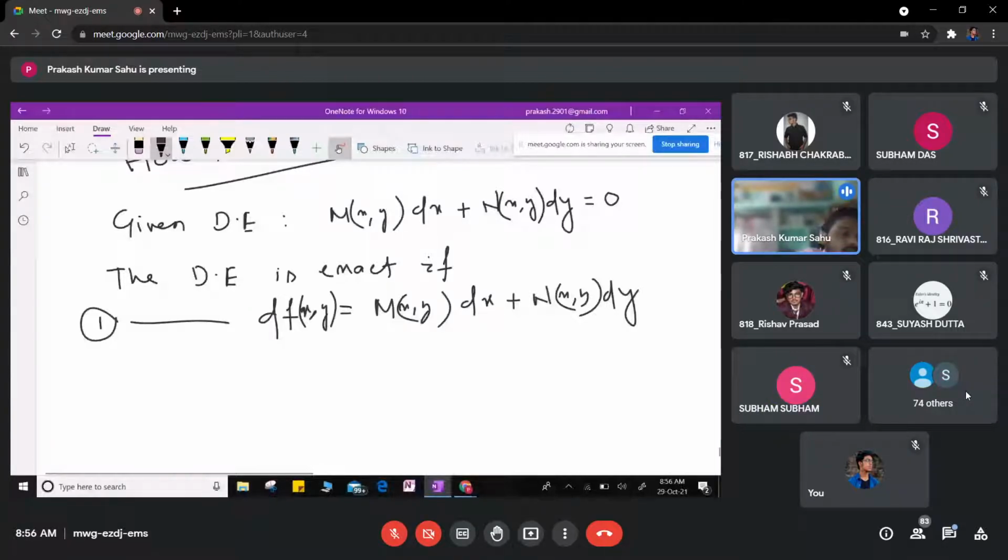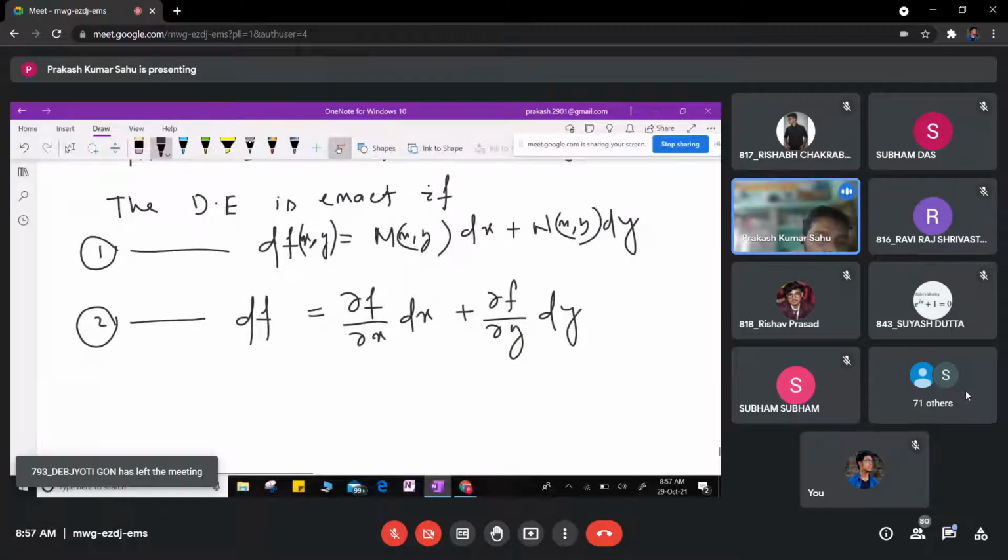If you don't, remember this formula. Because any function f of x and y, when you find the total derivative df, is nothing but del f by del x into dx plus del f by del y into dy.